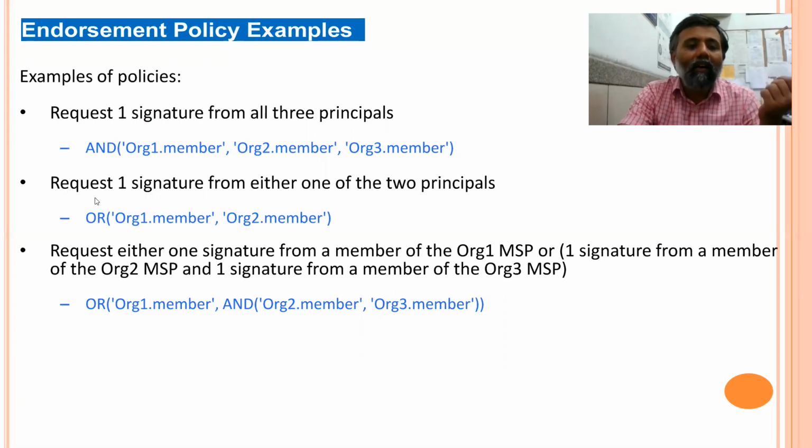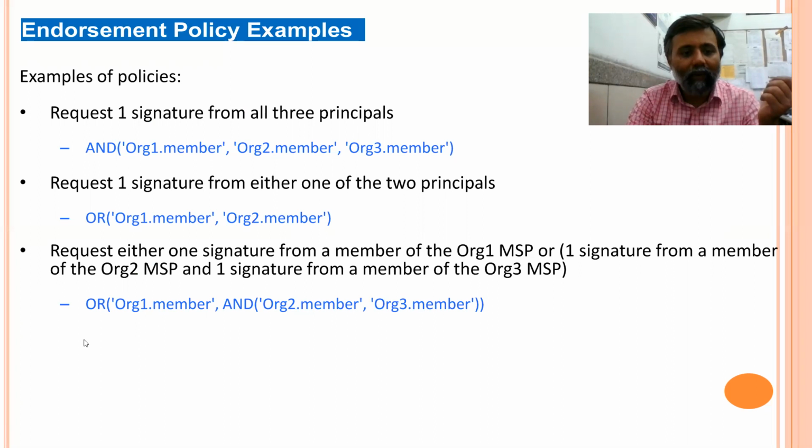Another can be to request one signature from either one of two principals, so either one member from Organization 1 or one member from Organization 2, anyone will work. It may be any policy as per the requirement, or as per the discussion of the participating organizations, the endorsement policy can be decided.